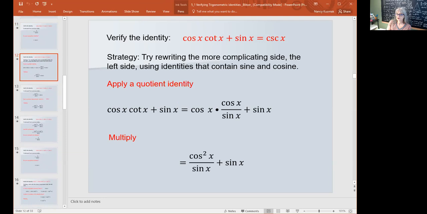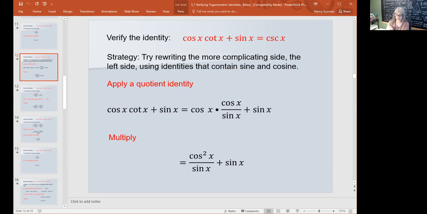So let's take a look at this. What's our first question? Which side are we going to deal with? So we're going to deal with the left-hand side. And I'm not a fan of that cotangent, so I'm going to rewrite it as cosine over sine plus sine x. I'm going to do the multiplication out. I'm going to do some math. So I have cosine squared x over sine x plus sine x. Now I can do that common denominator one.